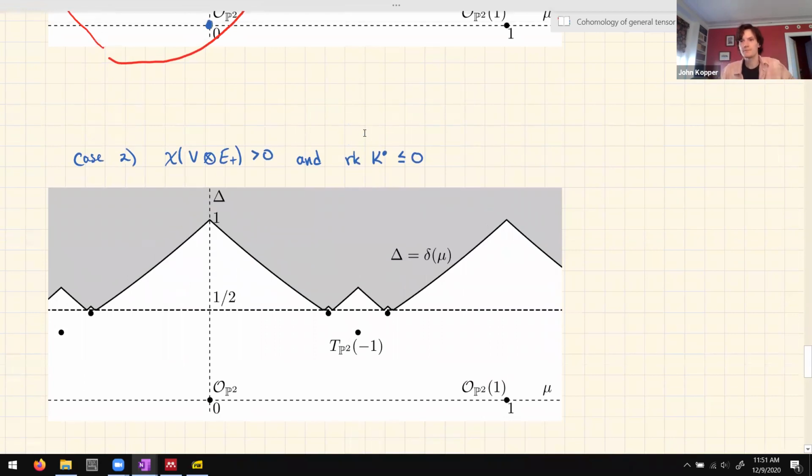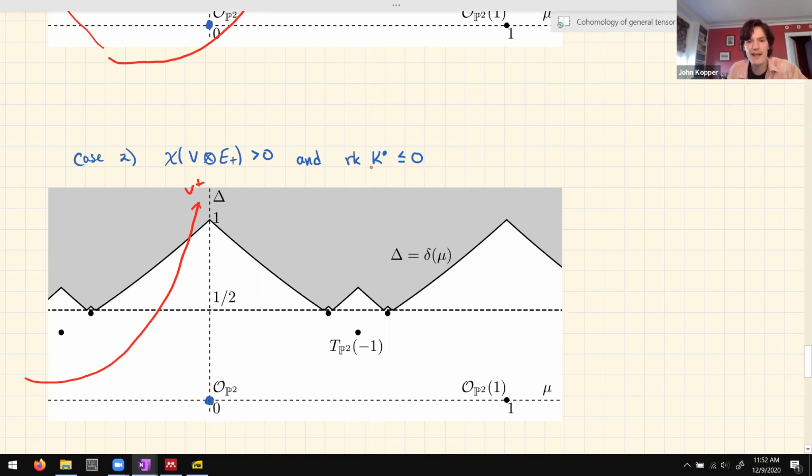Okay, so case two is where the Euler characteristic is positive, and the rank of K is negative or non-positive. So this picture looks like this. Okay, here it is. So this is when my orthogonal parabola meets the Drézet-Lepotier curve on this left branch here. So the fact that the Euler characteristic is positive is saying that the corresponding exceptional has to be outside of the parabola.